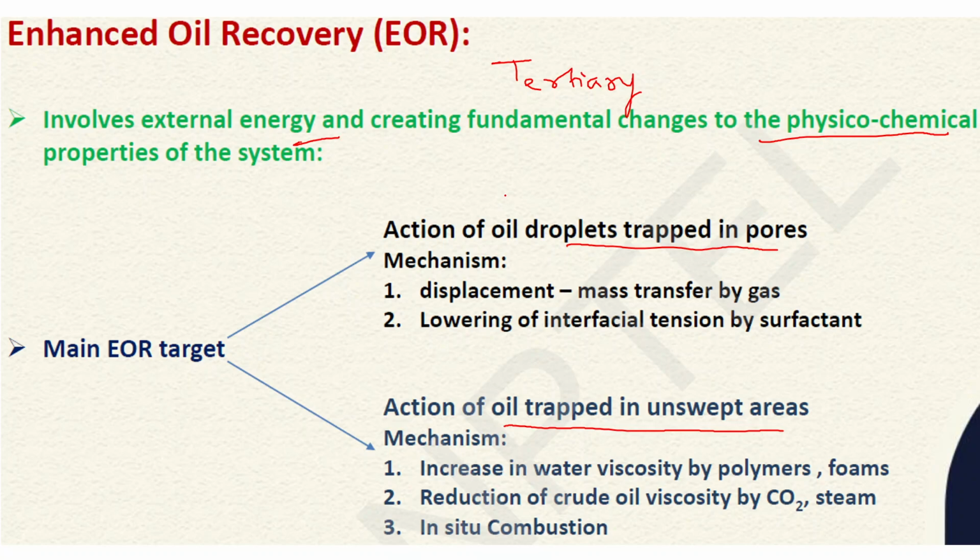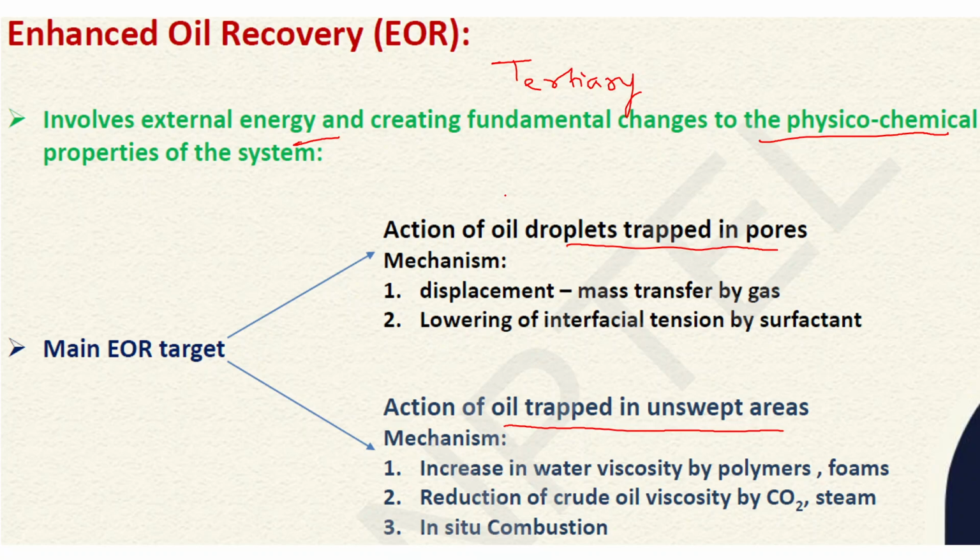Either we pass a gas through the pores, and that gas forces the oil droplets out of the pore, or it does the mass transfer, gets absorbed in the oil, and then it can be easily extracted out with the gas.